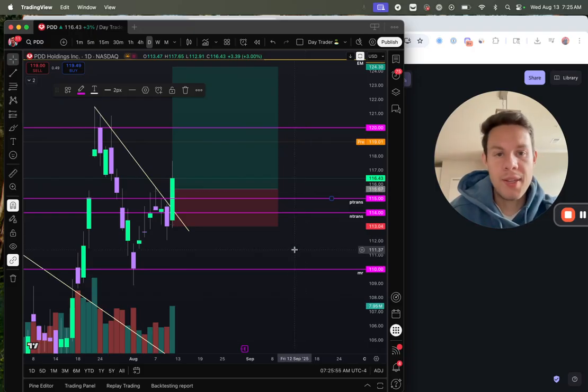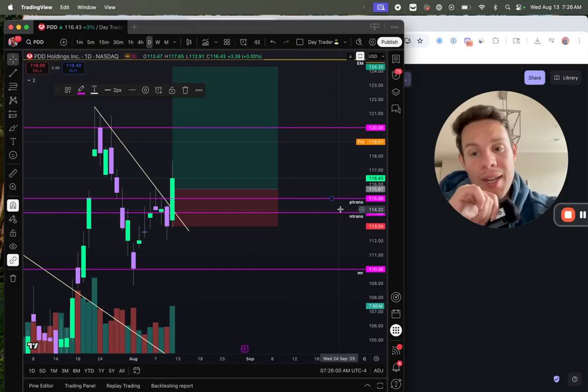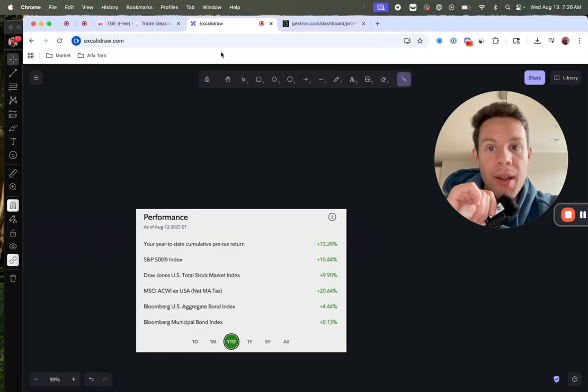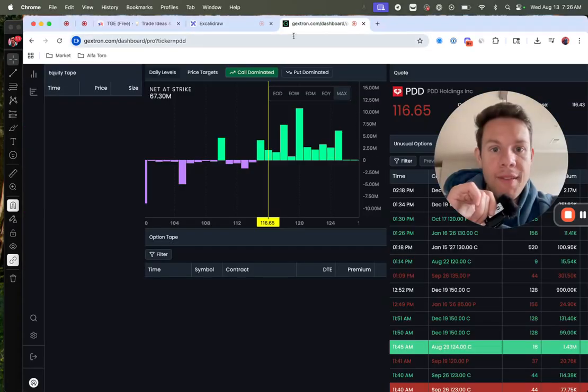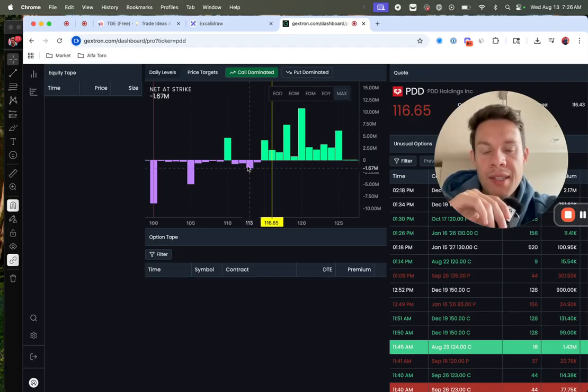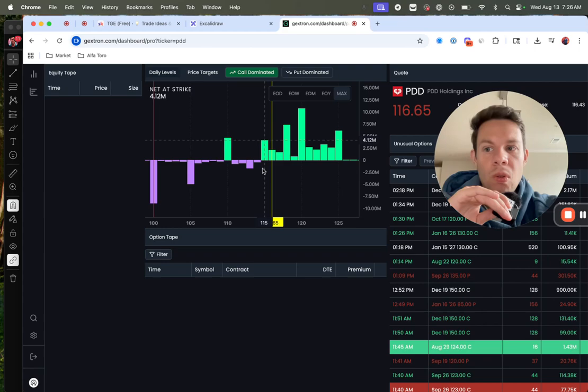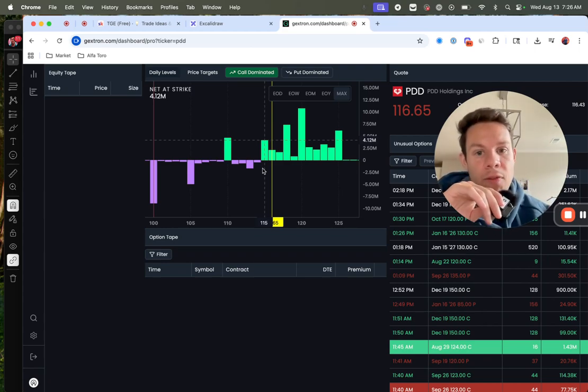How do I know when to exit, when to enter a call, and when to enter a put? It's really simple. I go to the tool that I developed called Gextron, and Gextron shows me this histogram chart, and you'll see green and these purple color bars. The way I know when to go long in a position is when we go above a level called P trans.